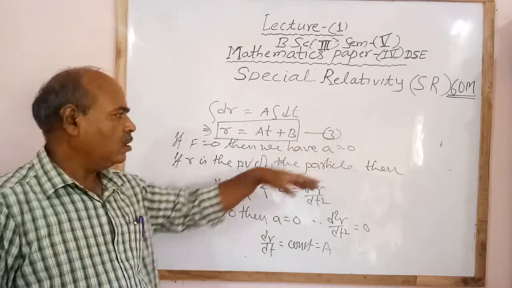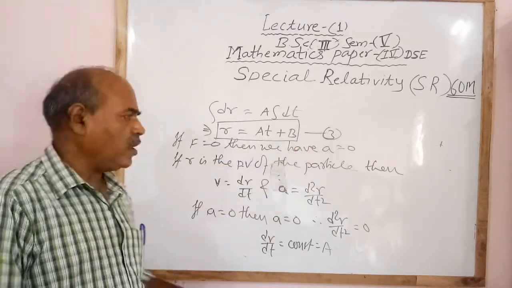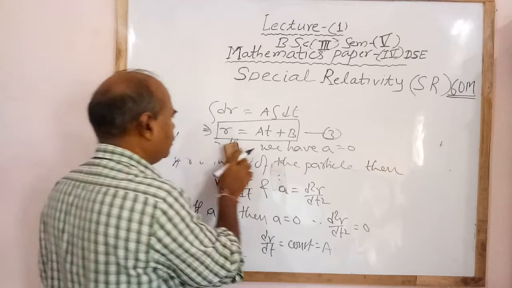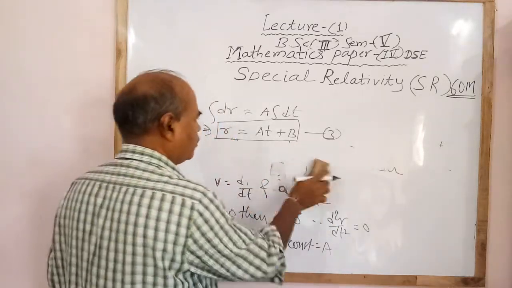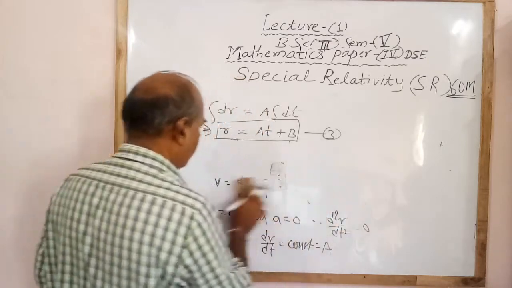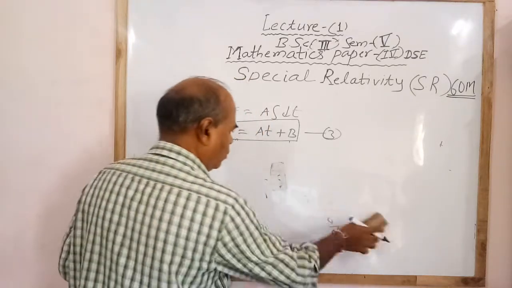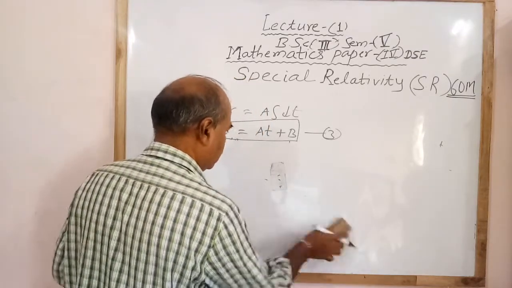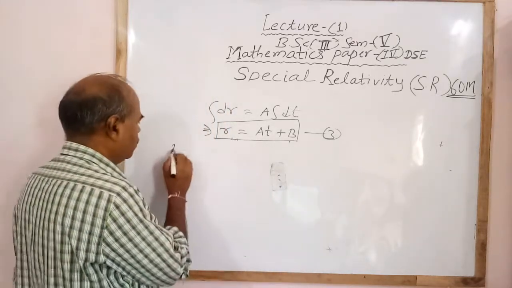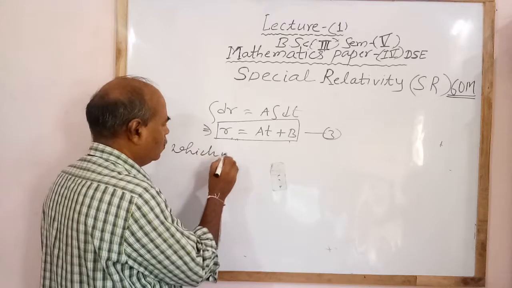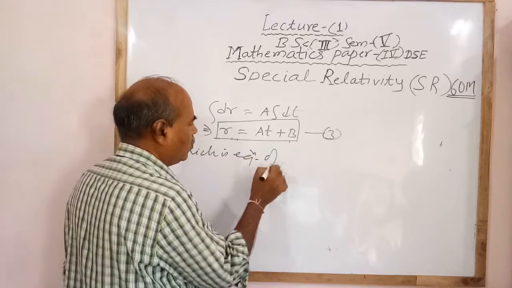Now this equation 3 represents a straight line.